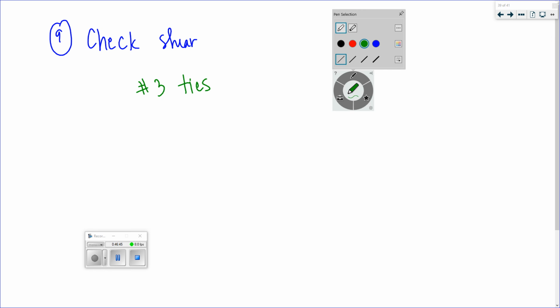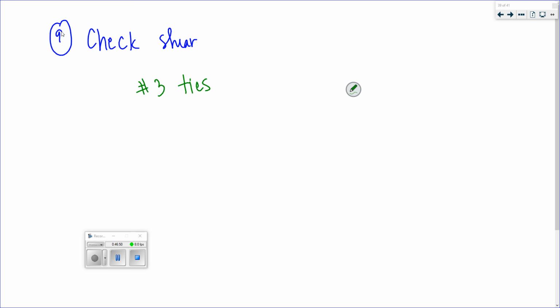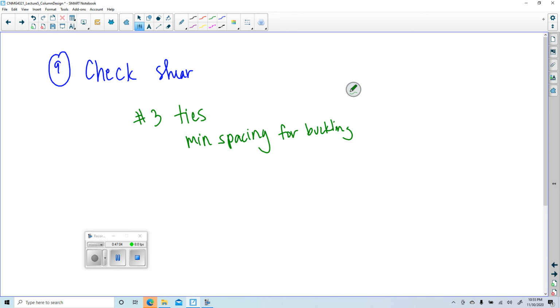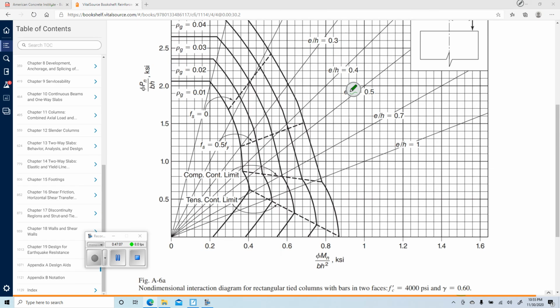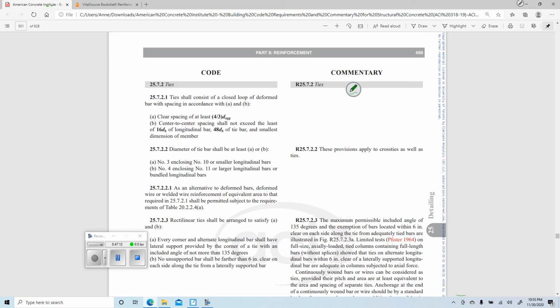My minimum spacing for buckling, that is what was in, right. Let's assume this one doesn't apply.